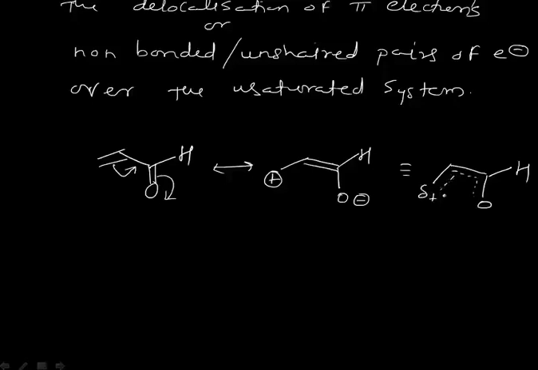This will have a delta positive charge, this will have a delta negative charge. So this is delocalization, a very simple example of delocalization of pi electrons.